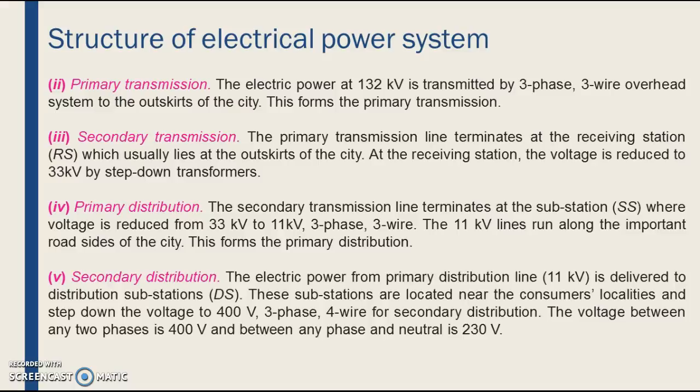The voltage between any two phases is 400 volt and between any phase and neutral is 230 volt. The single phase residential lighting load is connected between any one phase and neutral, whereas 3-phase 400 volt motor load is connected across 3-phase lines directly.